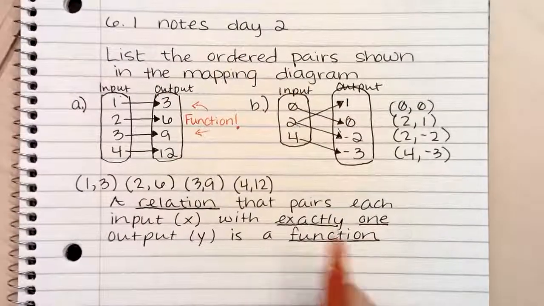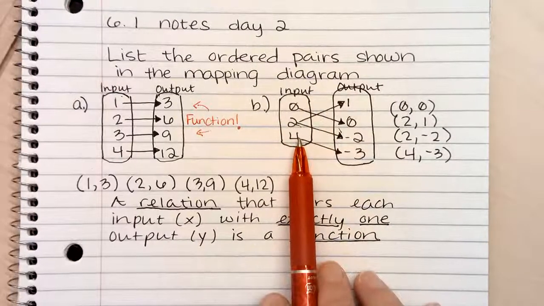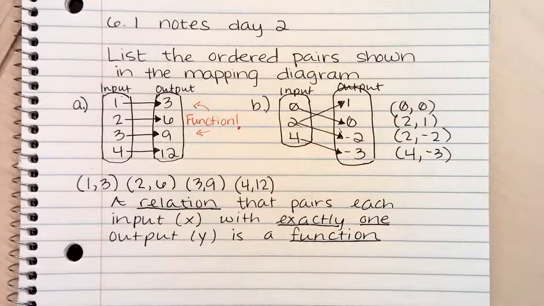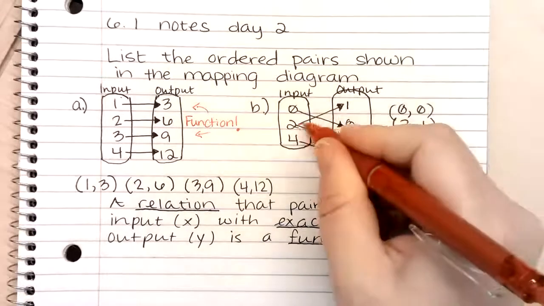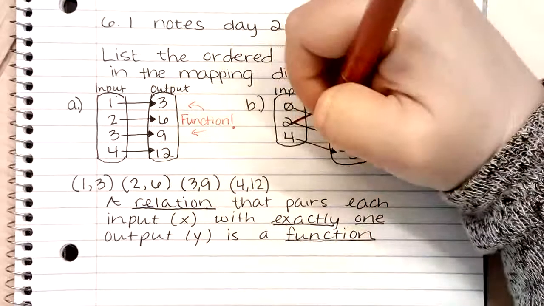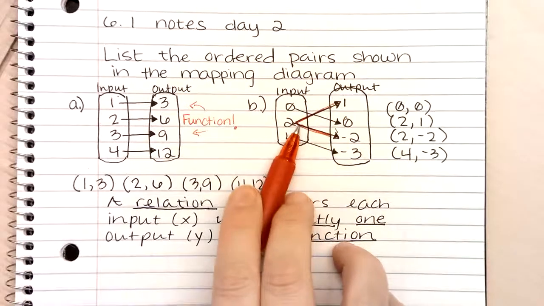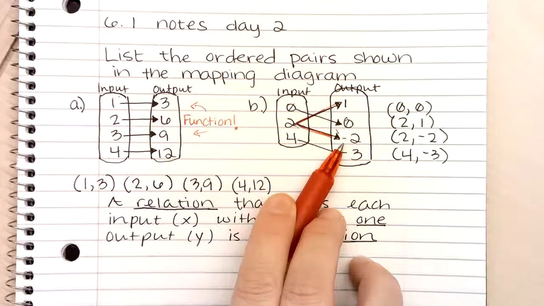Okay, but what about B? Does each input or X have just 1 output? Just exactly 1? No, because notice the 2 has 2 arrows coming out of it. One of the arrows goes to the 1, and one of the arrows goes to the negative 2.